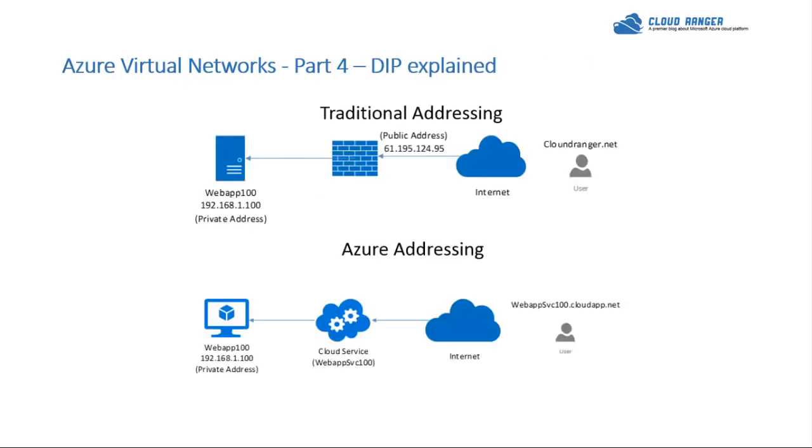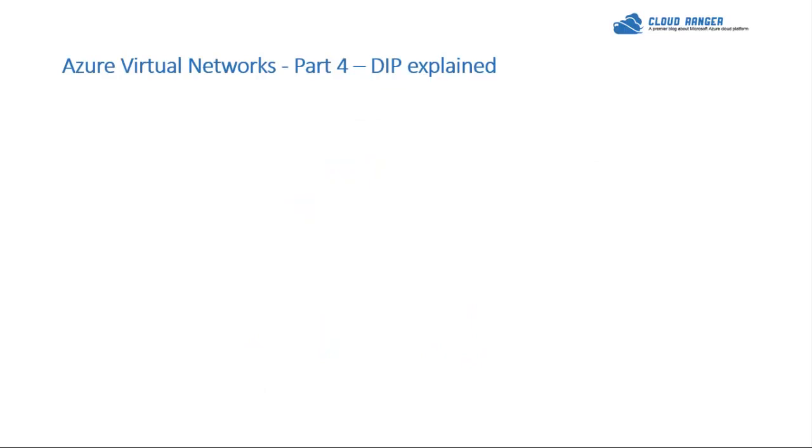So let's get started. This is the same diagram we had earlier when we were talking about VIP, but with DIP, we are talking about this part of this diagram, where the private address is associated with the virtual machine. So let's talk about DIP a little bit more in detail.